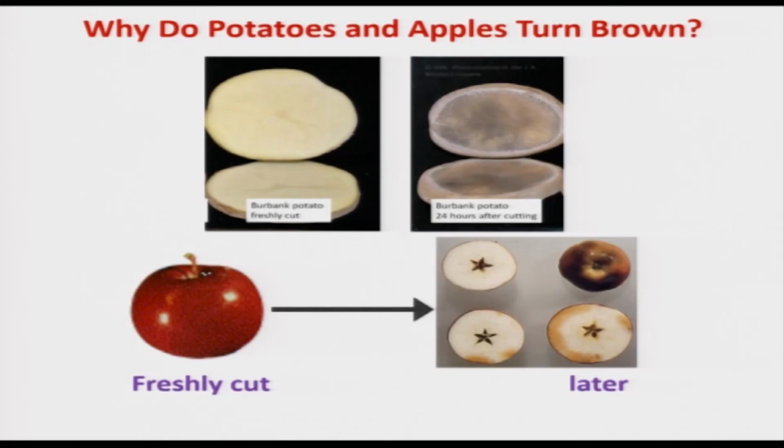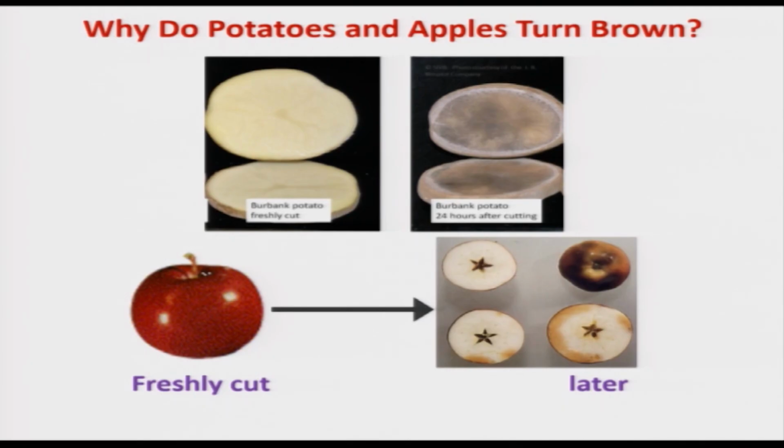So, we will now discuss why potatoes and apples turn brown. You must have seen that when you cut a potato and keep it for several hours, browning appears on the surface of the potato and apple.